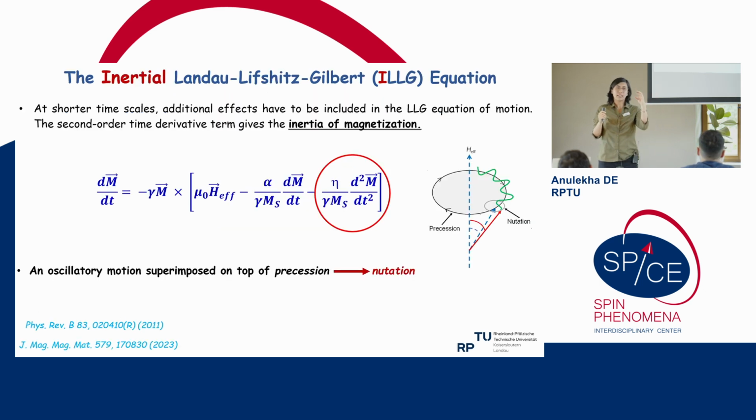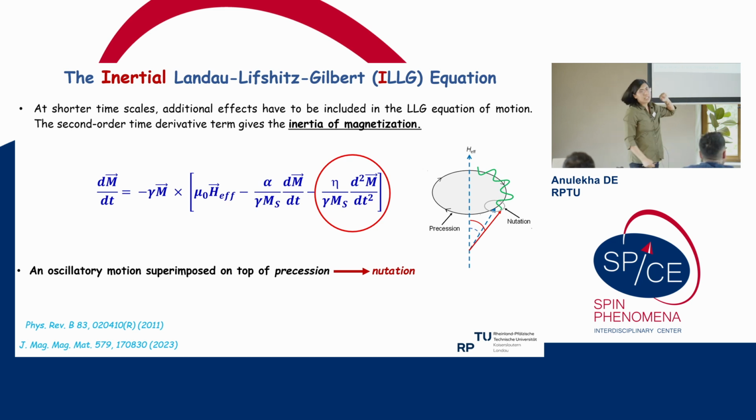So if we consider that this happens due to inertia, and that an inertial term is also present in the Landau-Lifshitz-Gilbert equation, then we are left with the inertial Landau-Lifshitz-Gilbert equation, where the third term is the inertial term, giving rise to high frequency oscillations on top of precession, which are known as nutation.